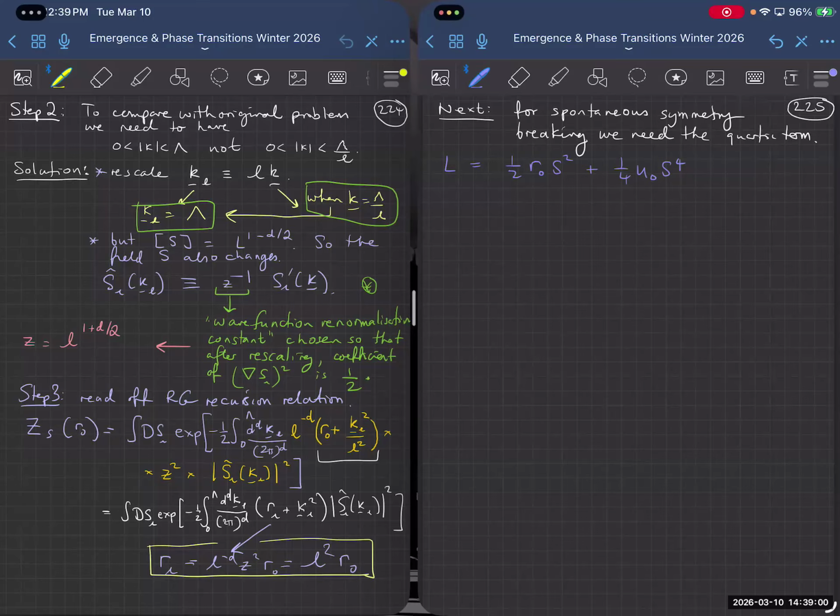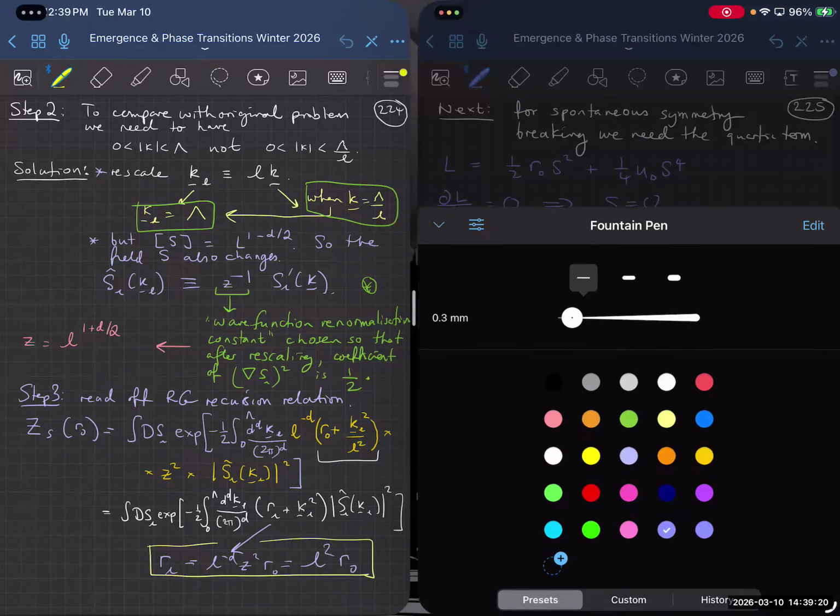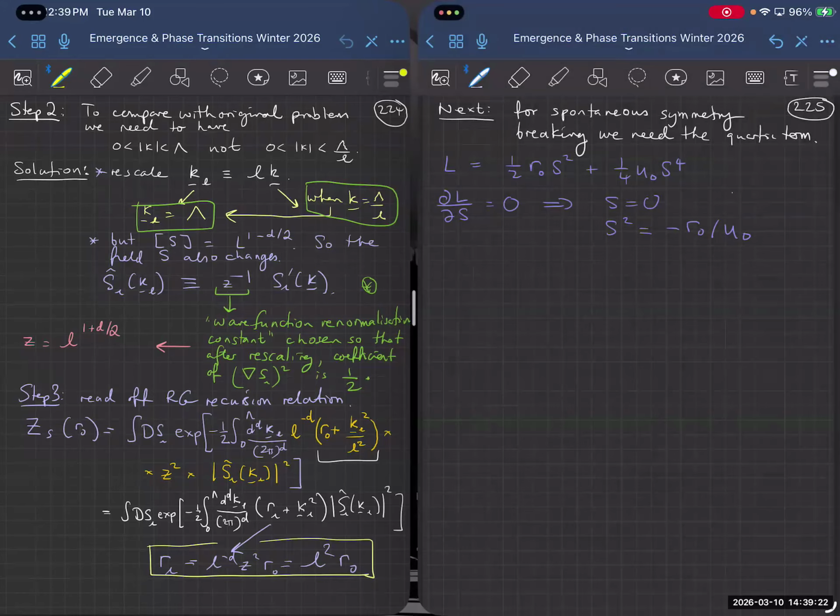And we know that in equilibrium, the Landau free energy is minimized. And so that means that either S is equal to 0, differentiating that, or S squared is equal to minus R naught over U naught. And this is the important solution when R naught is greater than 0.